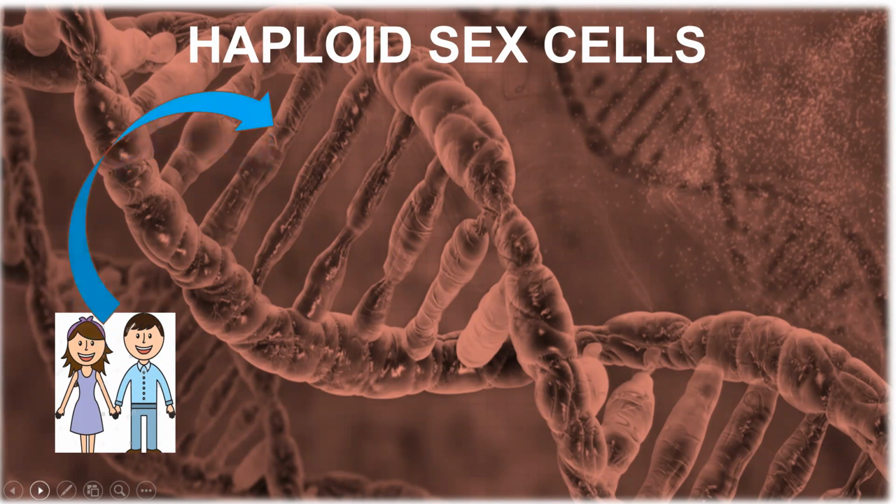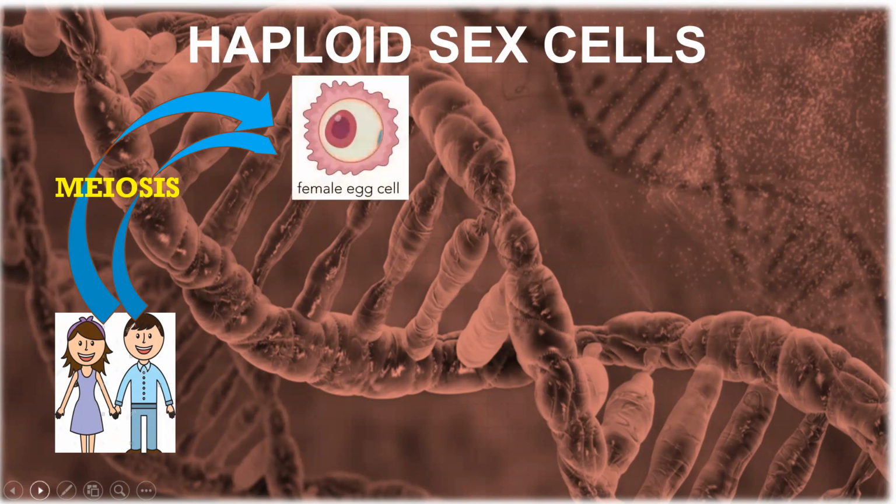Meiosis is a special type of cell division that occurs only in the reproductive organs, from the father and from the mother, because meiosis produces reproductive cells called gametes.